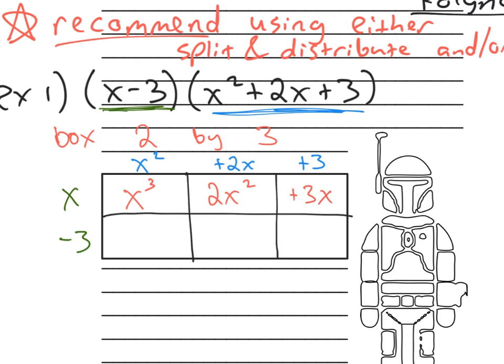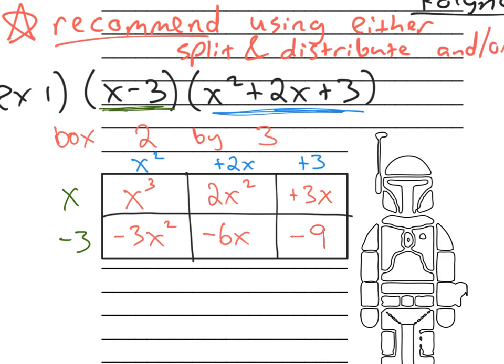First row is done. Now let's go to the bottom one. Negative 3 times x squared. Negative 3x squared. Next one, negative 3 times 2x. Negative 6x. And my last box is built from negative 3 times positive 3.